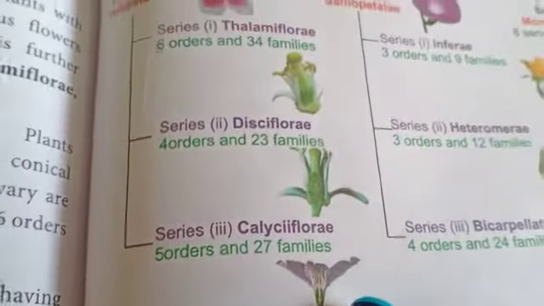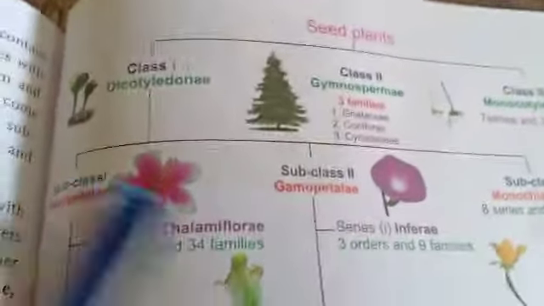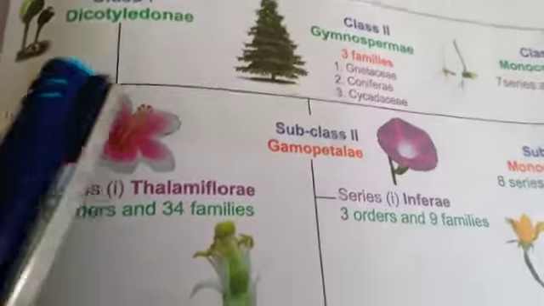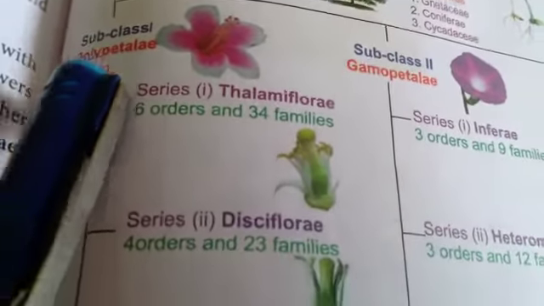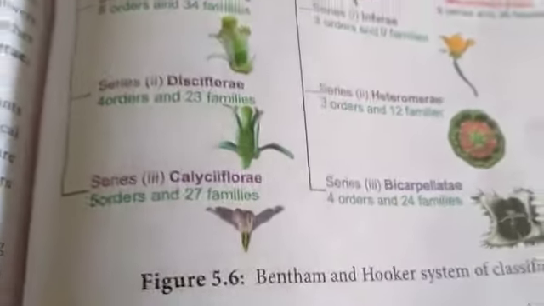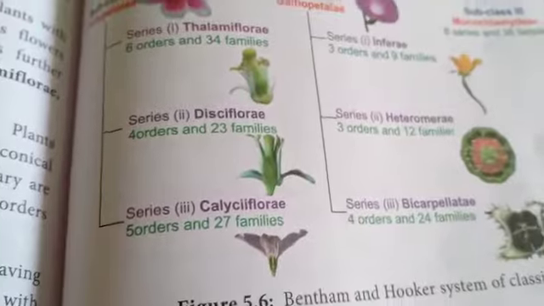Is that clear, children? You will be writing only 4 points, but I am explaining the answer. Kingdom seed plants, that is Plantae, class Dicotyledonae, subclass Polypetalae and series calciflorae. So this is the answer for question number 7.